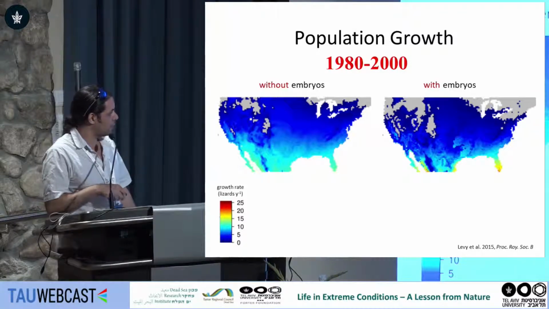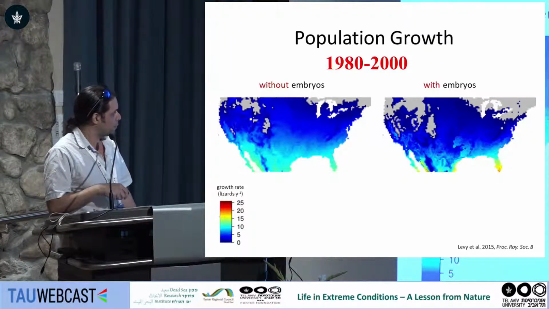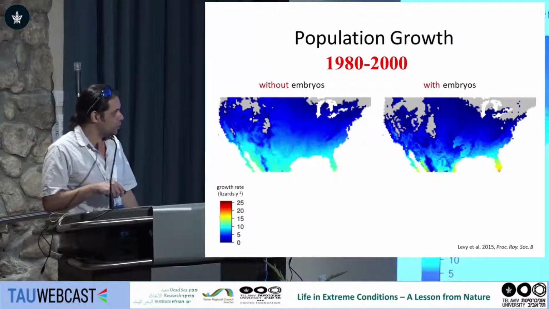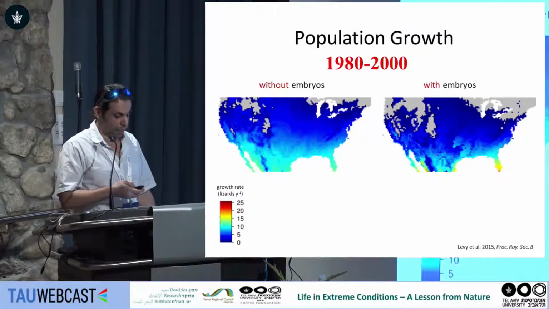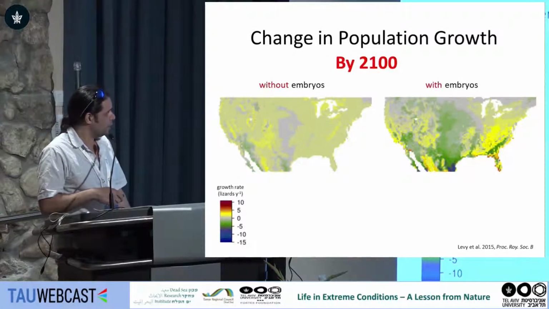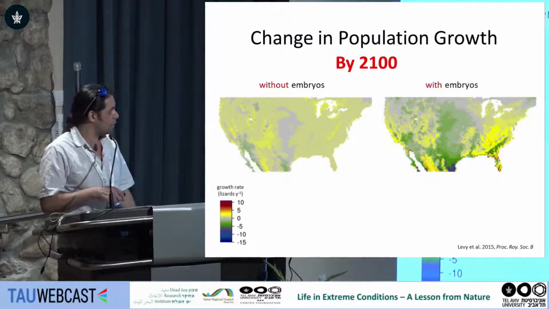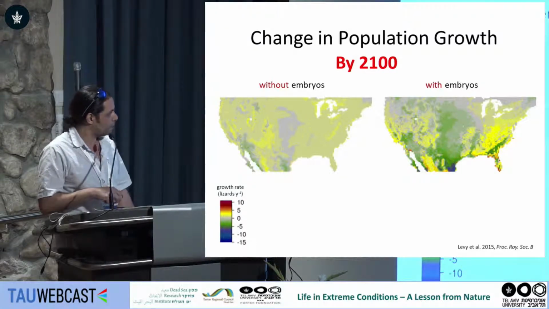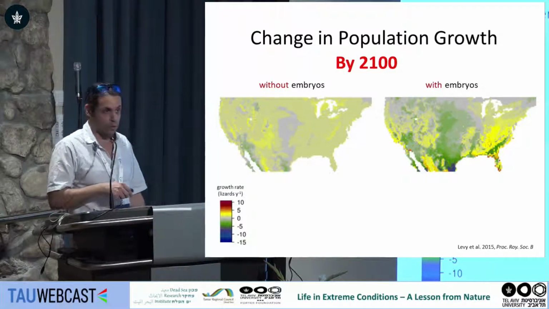And you can see that there's a nice increase from cold locations to warm locations. The gradient doesn't look so good when you add the embryos. However, when you look at the future, you can see that the result is actually the opposite. So if you don't include the embryos in the model, you see that there's a positive increase in growth rate under future conditions.